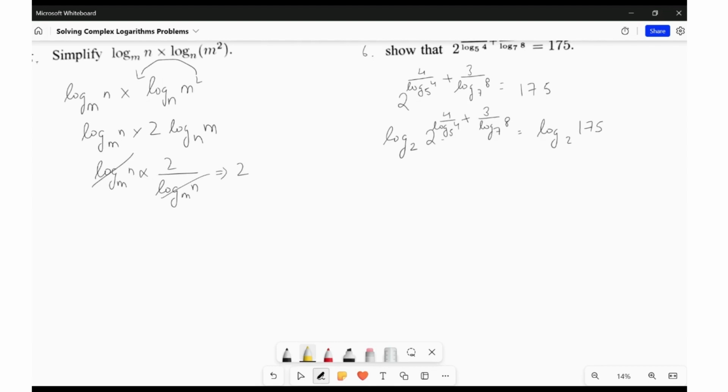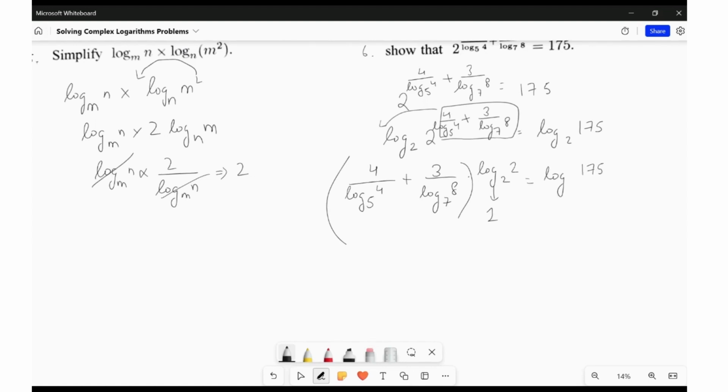Now in this we can bring this whole thing here. So 4 by log 4 base 5 plus 3 by log 8 base 7 is equal to log, yeah, so wait, we didn't take log 2 base 2 though, because it is equal to 1, but we can just write it whole multiplied by log 2 base 2, which is just 1, is equal to log 175 base 2.